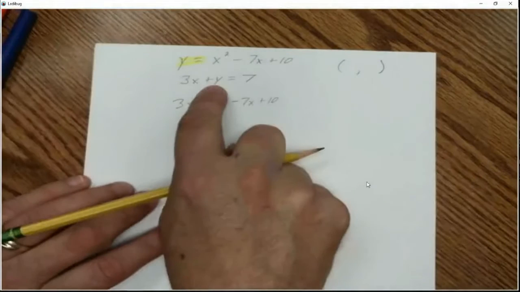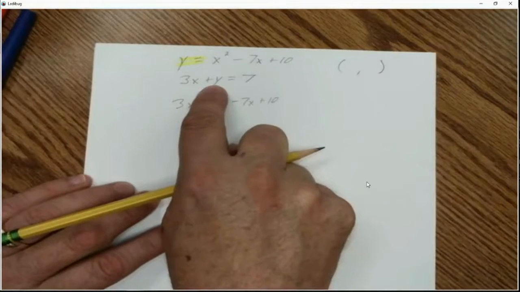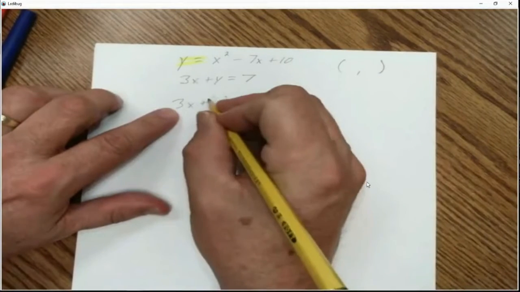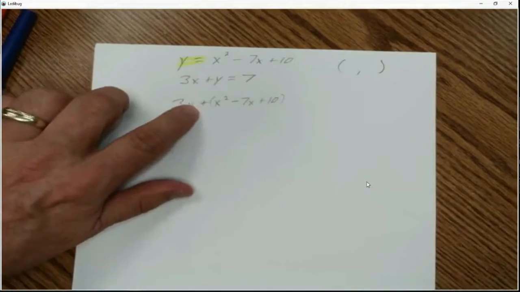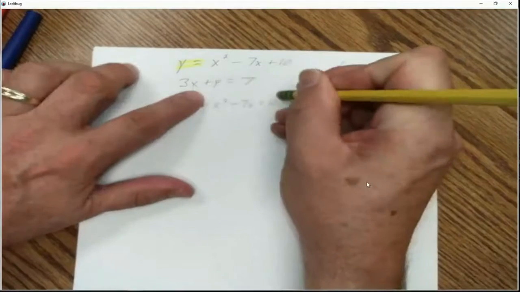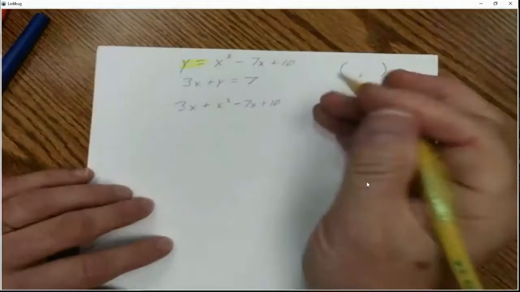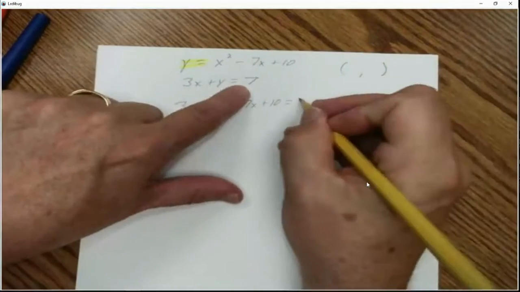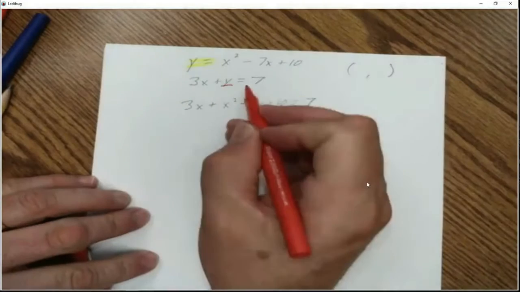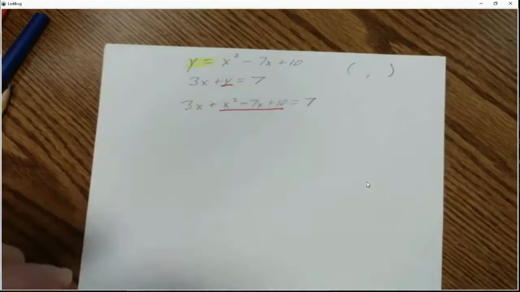Now, if there was a coefficient out here, like 2y or negative 3y, then I'd put parentheses around this with the 2 or negative 3 out front, and I'd have to distribute that. But in this case, I have just a y, so I really don't have to use the parentheses. And it still equals 7. So you can see we've taken y and we've substituted what y equals.